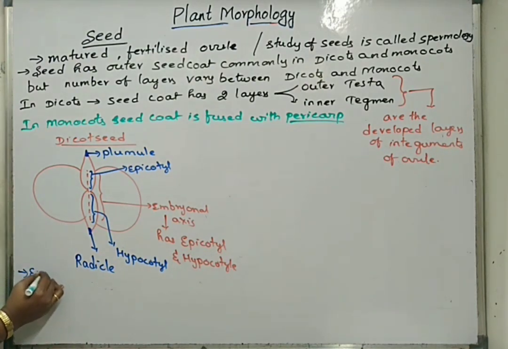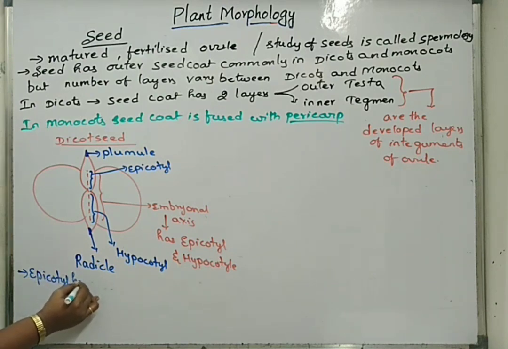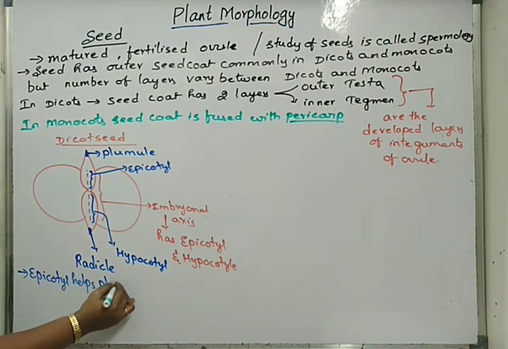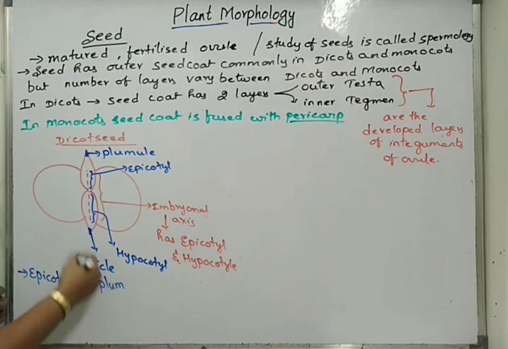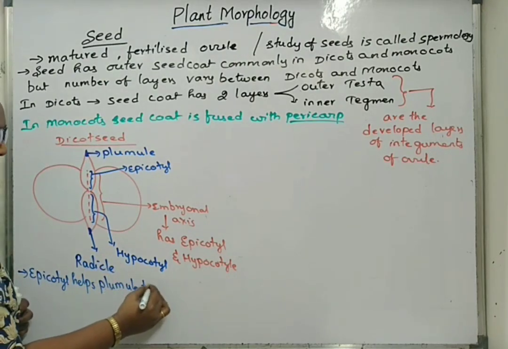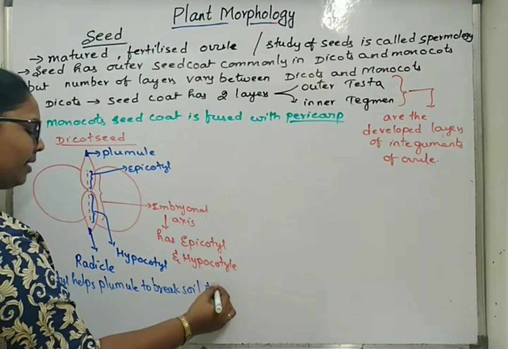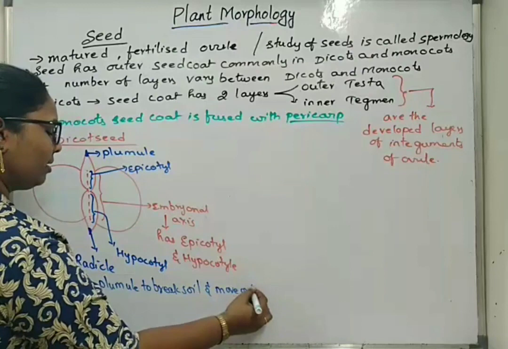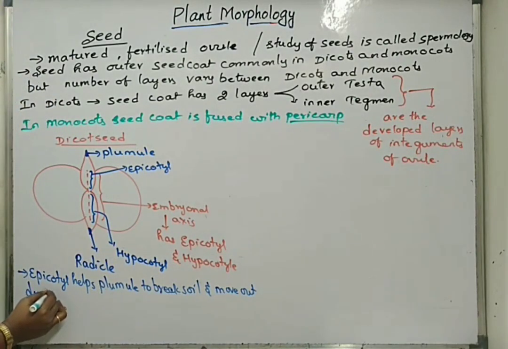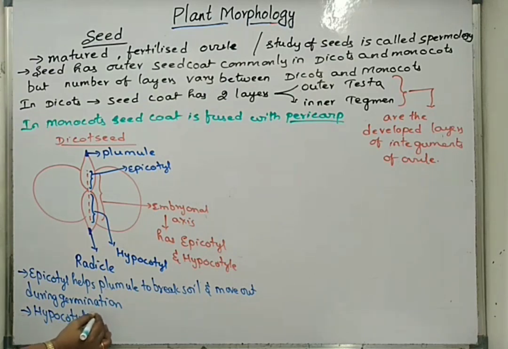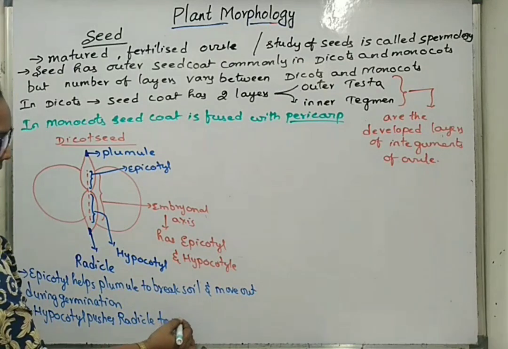Epicotyle helps plumule or the shoot part of the developing seed to break soil and move out during germination. Second one, hypocotyle pushes radicle towards earth layers.